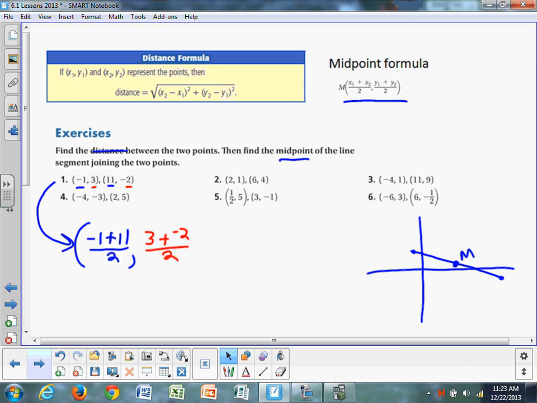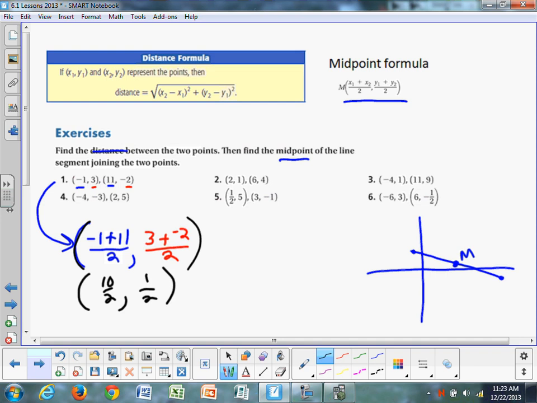Then we're just going to simplify that. -1 plus 11 is 10, divided by 2, and 1 divided by 2. We can simplify that a little more: 10 divided by 2 is 5, and 1/2. So our answer to this one is (5, 1/2).